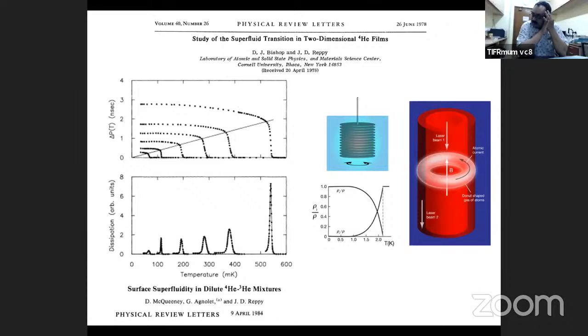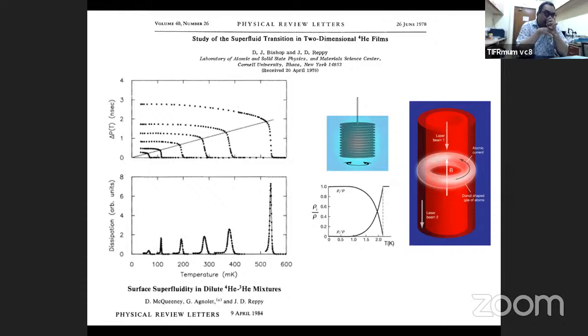When this happens, it goes into a phase coherent state, and therefore it loses all its viscosity. So helium becomes a fluid which has zero viscosity, as zero as the resistance of a superconductor, which means absolutely zero.